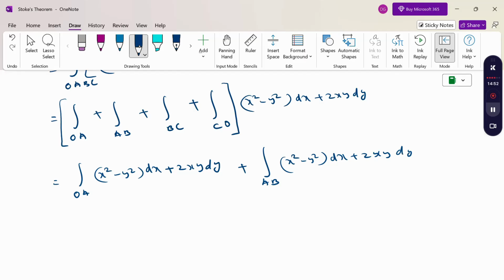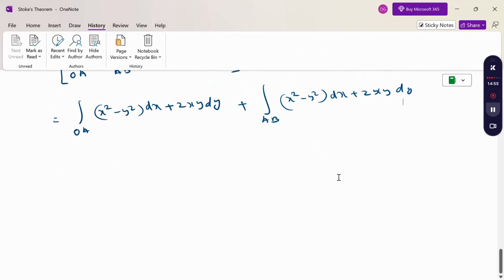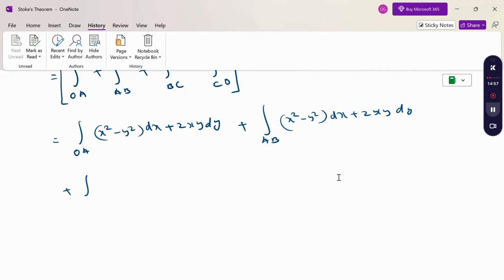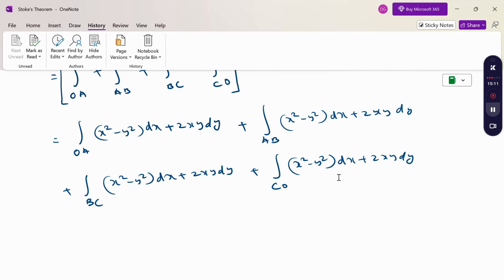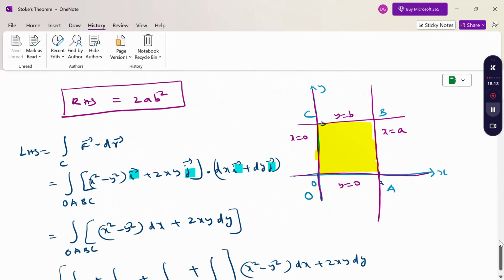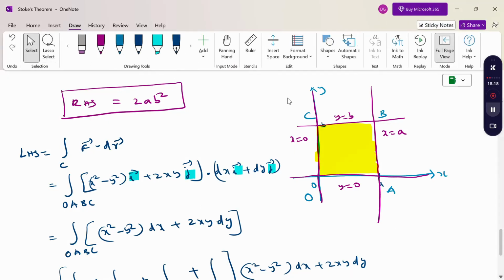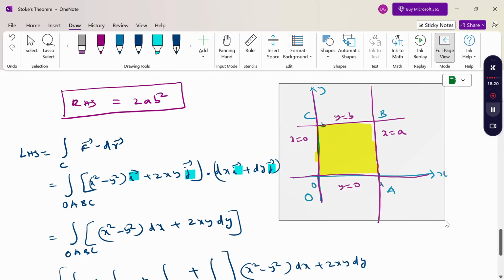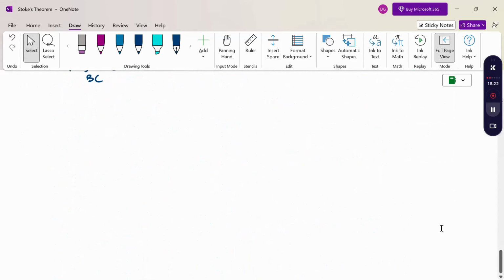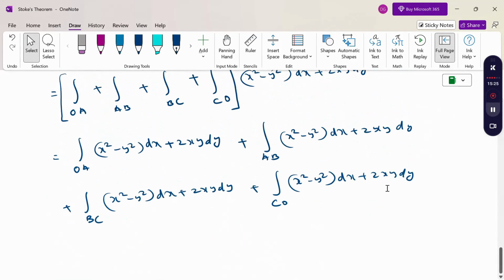This is the second line, plus the third line B to C, x square minus y square dx plus 2xy dy, plus C to O, x square minus y square dx plus 2xy dy. Now consider this picture. First of all, what is the line?